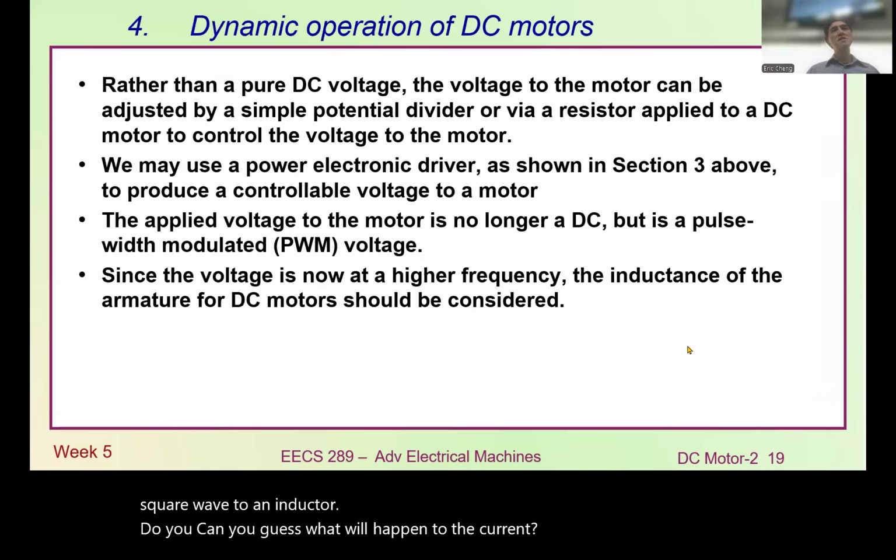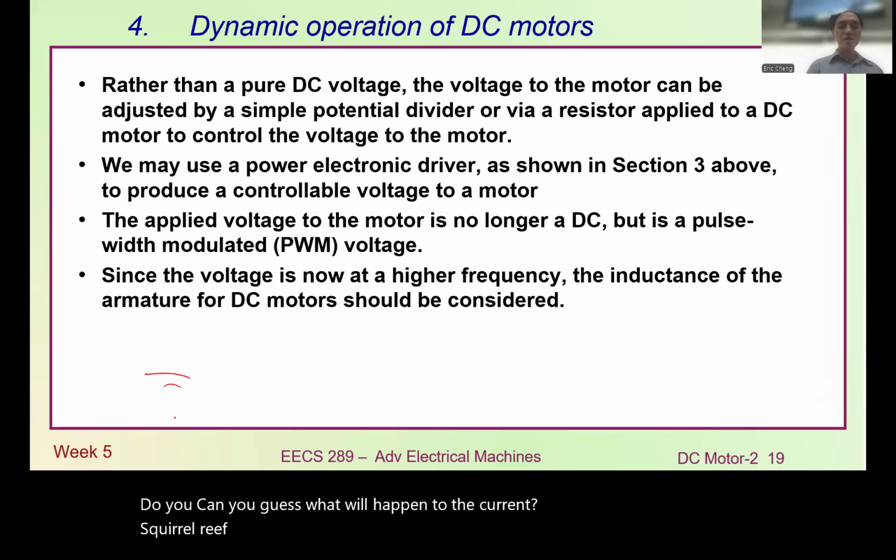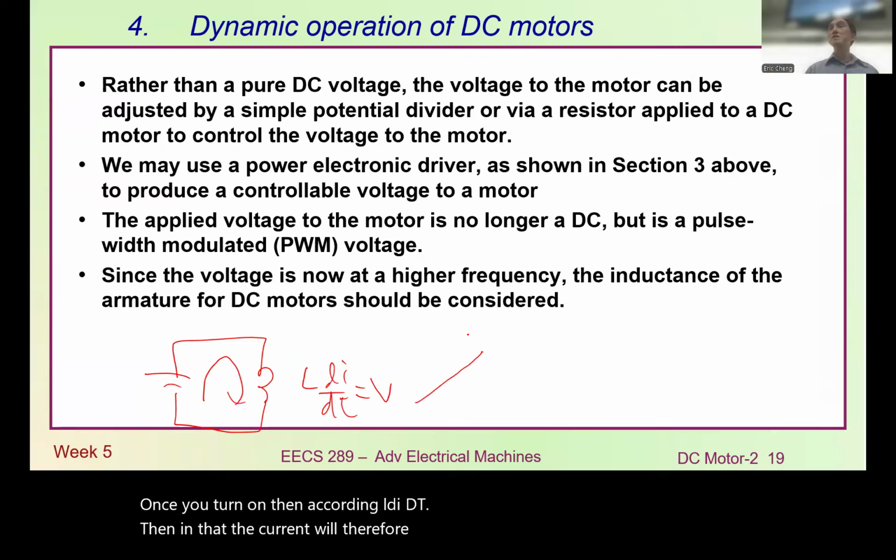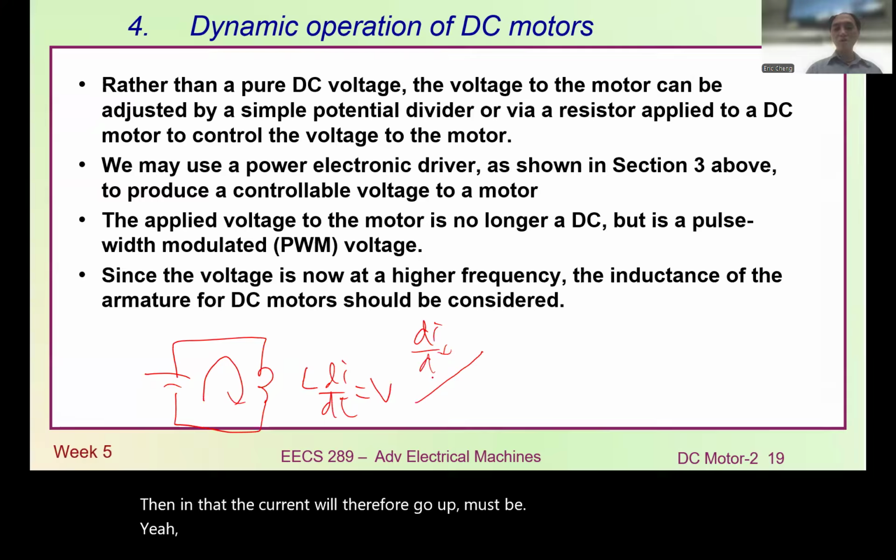Square wave? You can see that if we apply a square wave to an inductor, once we turn on, then according to L di/dt equals voltage, the inductor current will therefore go up, must be. So this di/dt goes up.